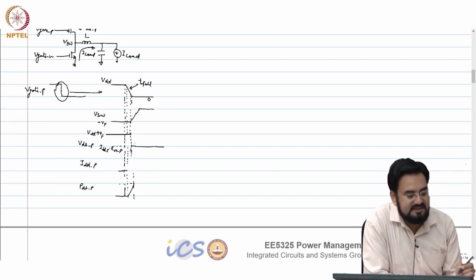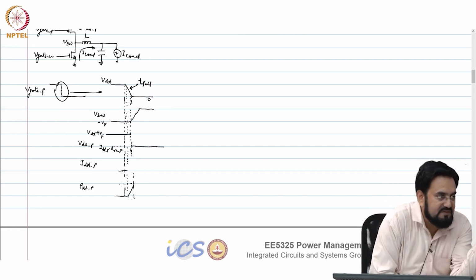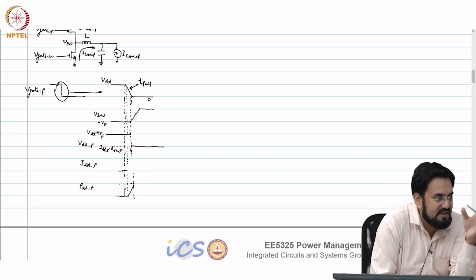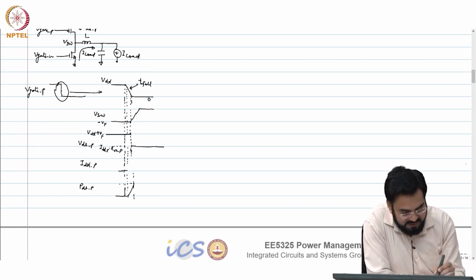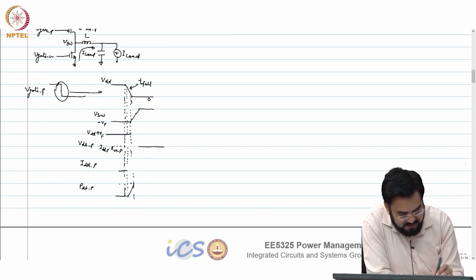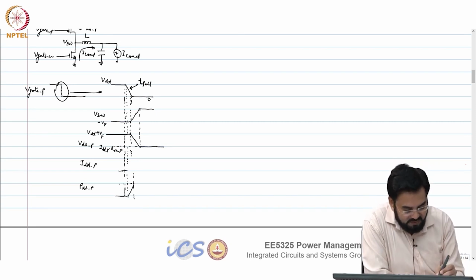But your current starts rising right from when you have a difference of threshold voltage across gate and source. So, this will peak here and this will start falling. And ultimately go to IDD into RP.